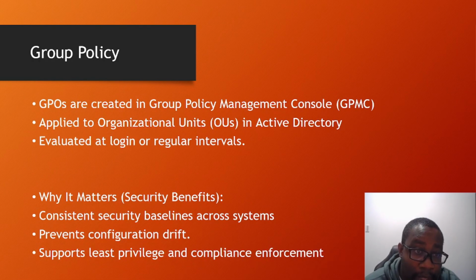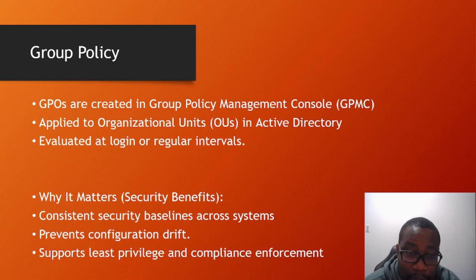Group policies are created in the Group Policy Management Console, and they're applied to organizational units in Active Directory. They're evaluated at login and at regular intervals. Why does this matter? Basically for security, because it's the name of the game, right? Consistent security baselines across systems prevent configuration drift, support least privilege, and compliance enforcement.